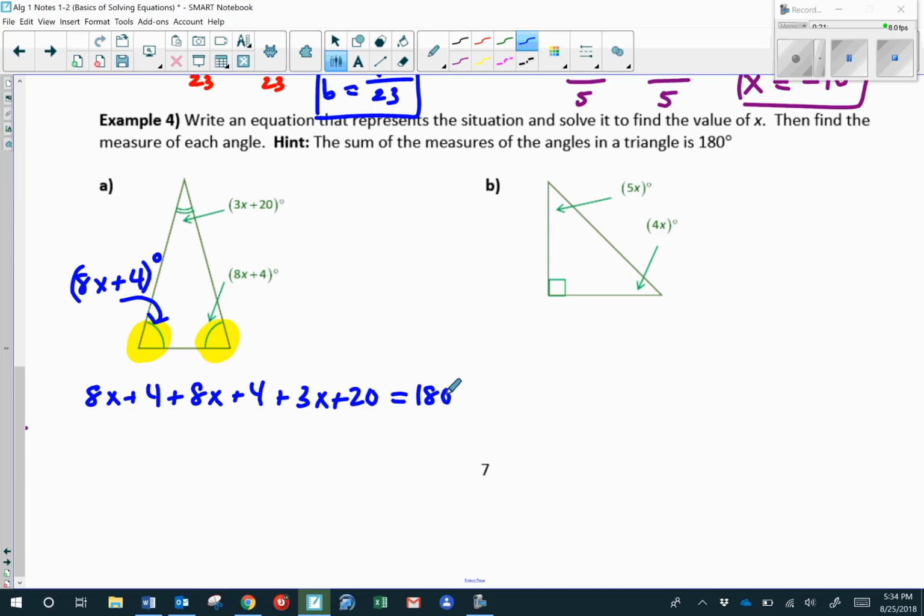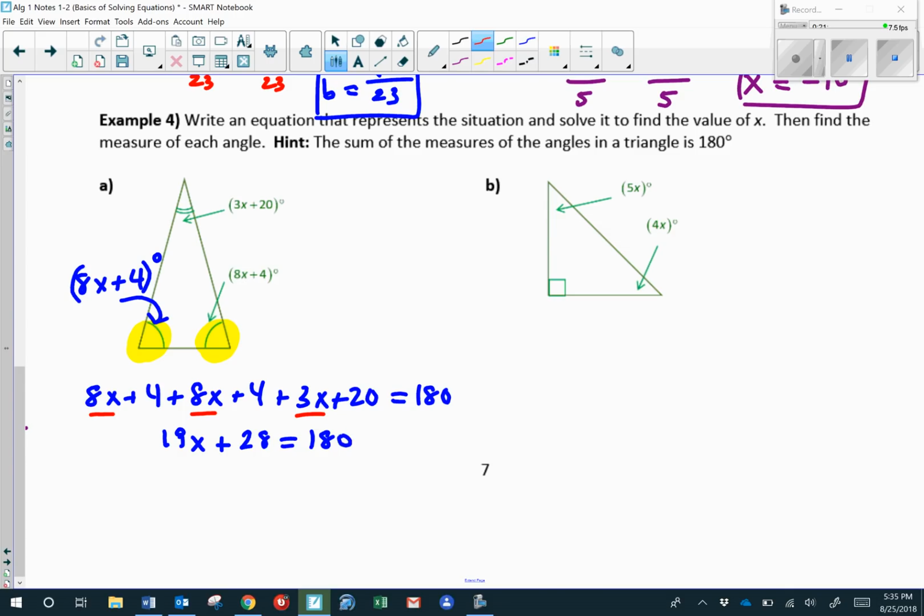Let's combine like terms. We have 8x, 8x, and 3x. 8x and 8x are 16x, plus 3x is 19x. 4 plus 4 is 8, plus 20 is 28. And then we have 180 on the right side of the equation.